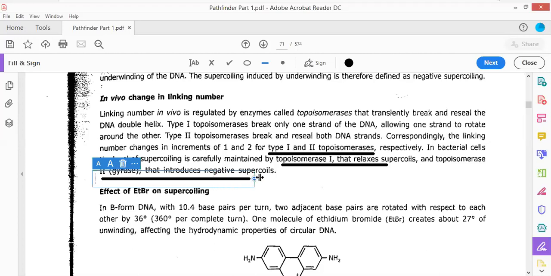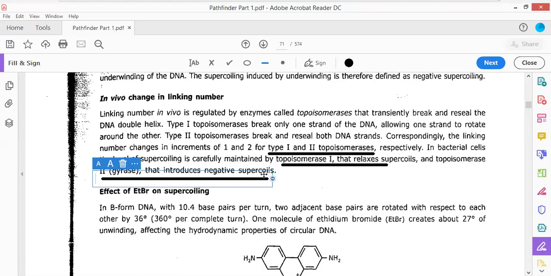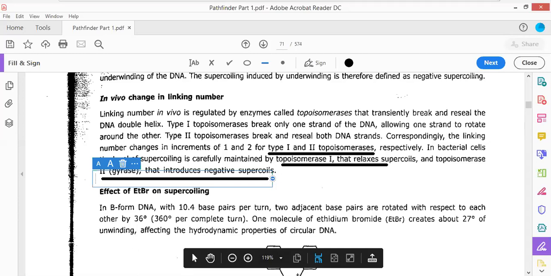Type 1 was introducing positive, relaxing negative supercoiling, and type 2 was introducing negative supercoiling. Okay, so we would now be focusing upon how these topoisomerases function. What are the functions of these topoisomerases and how does this topoisomerase enzyme work? So we will be moving into the active site of topoisomerases, and then talking about what their function is and how they work.